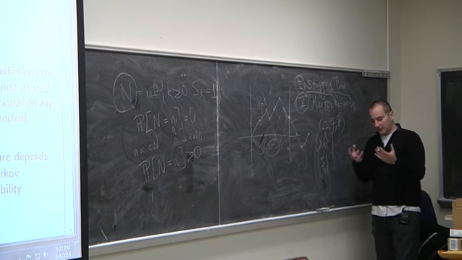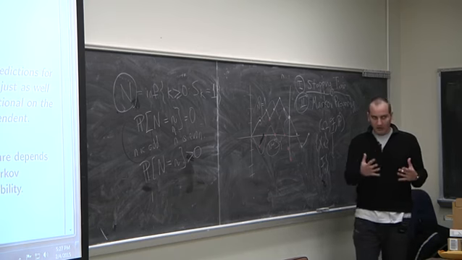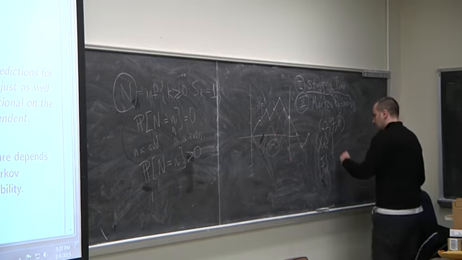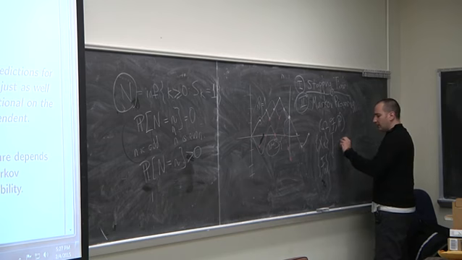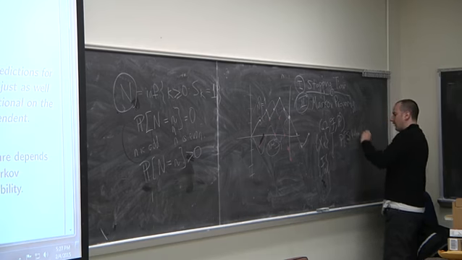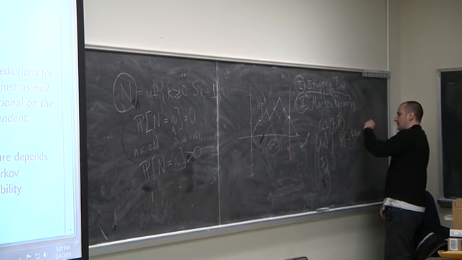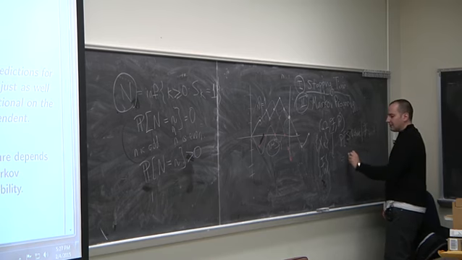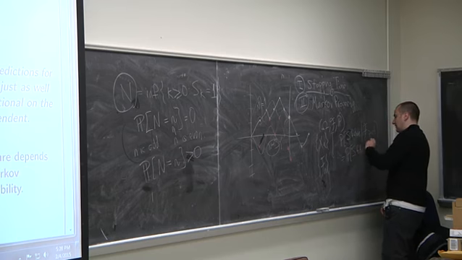I'm trying to avoid measurability issues. But what I'm saying is that the probability of what happens in the future, given what has happened in the past, is just equal to the probability of the future given what happens now.